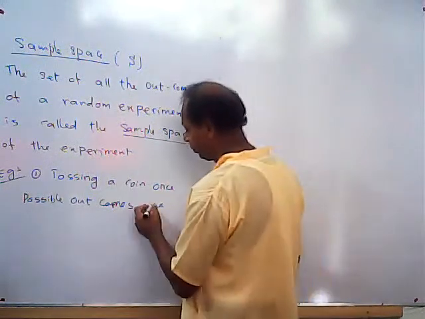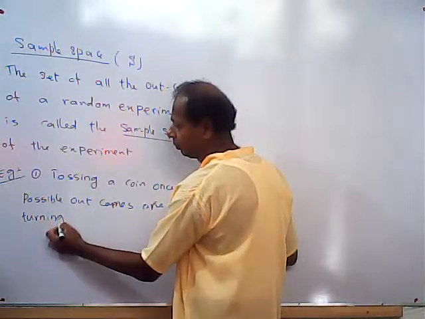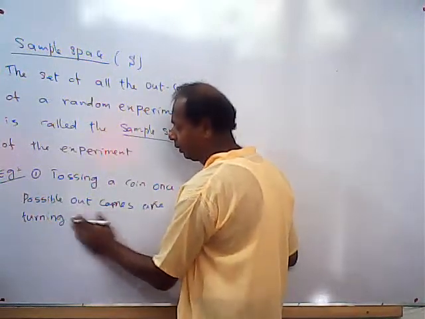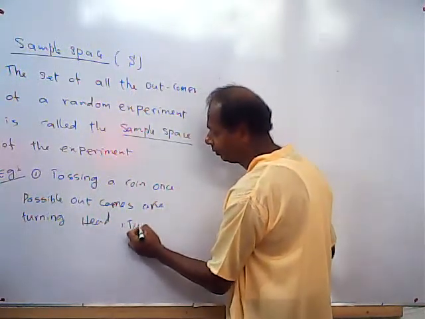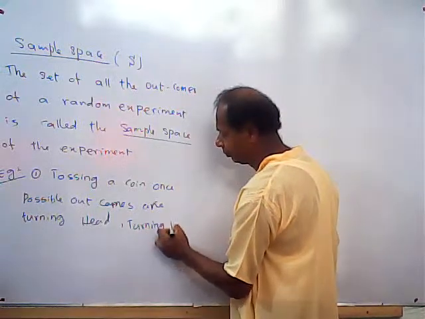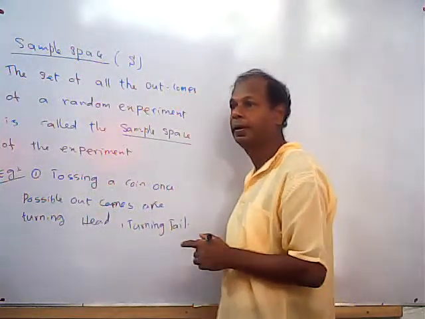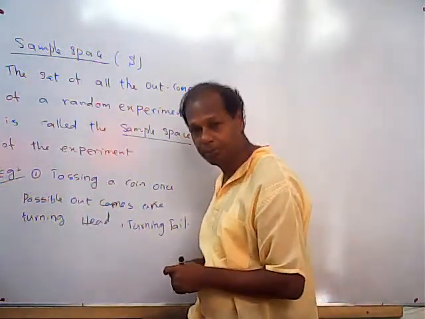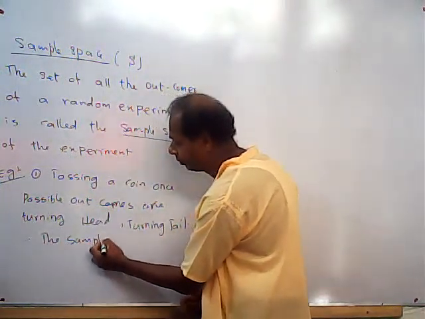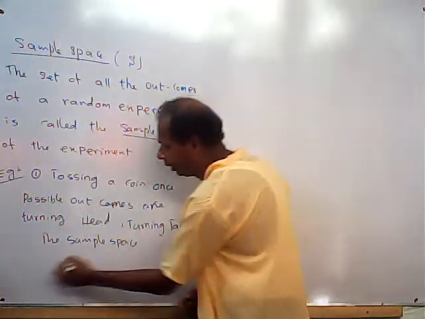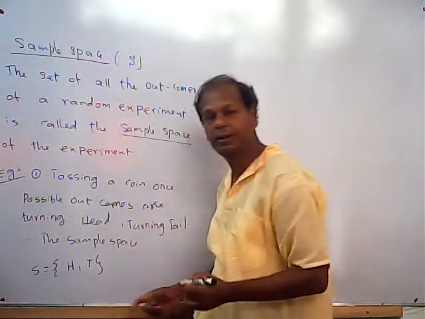Turning head and turning tail, right? Therefore, the sample space S consists of head and tail, turning head and turning tail.